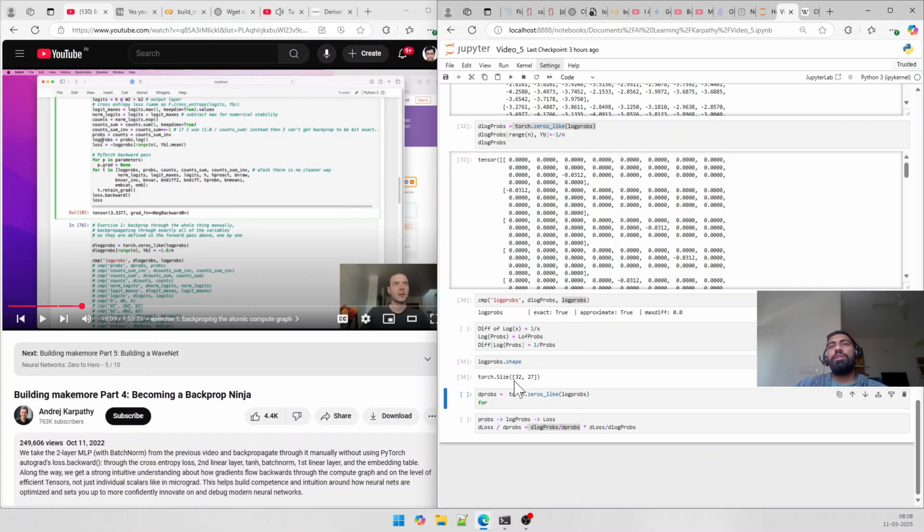This is a step where we need to go through each of the individual variables and do 1 by x. I don't know if there is an easier method to do that.